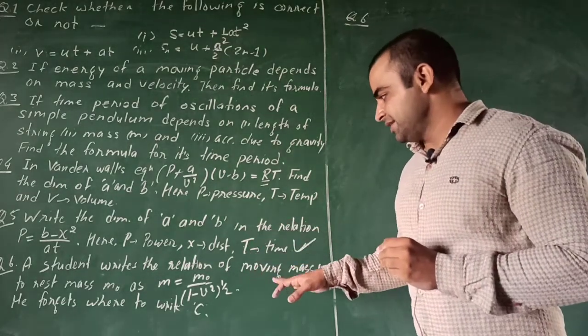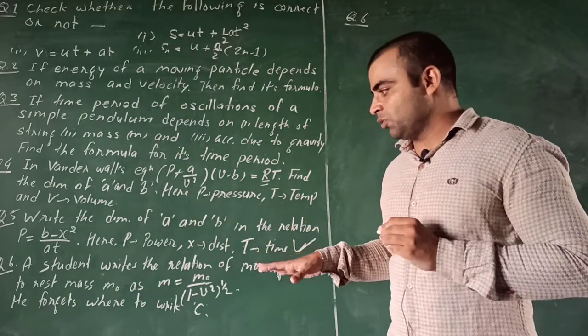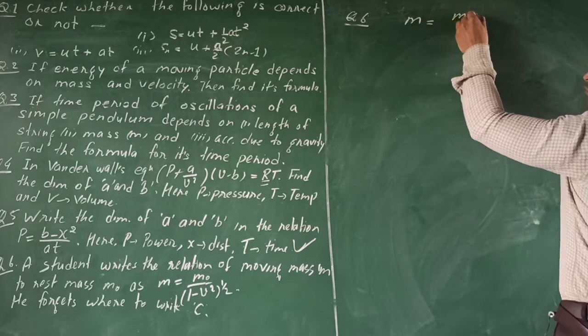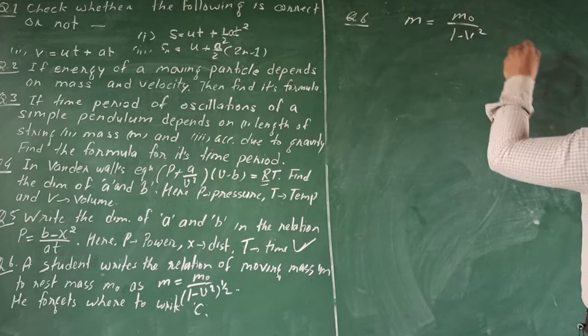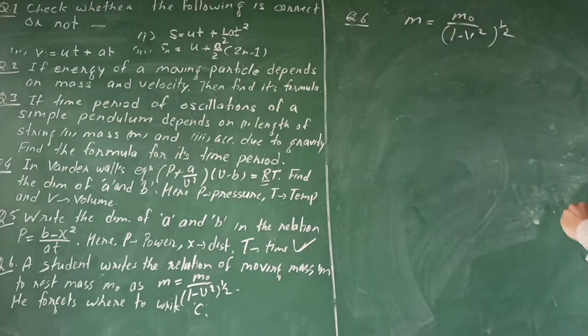A student writes the relation of moving mass M to the rest mass M naught as M equals M naught by (1 minus V square) to the power 1 by 2.